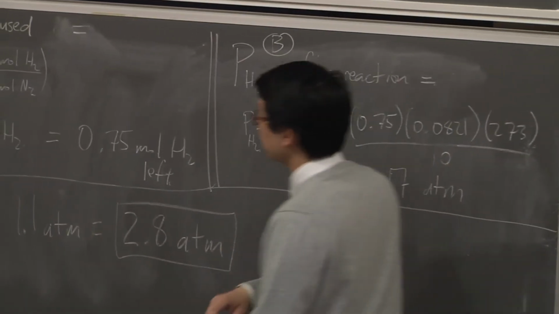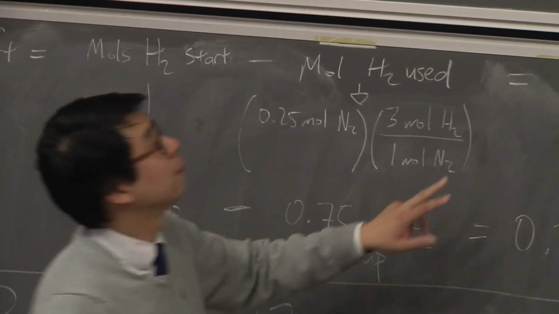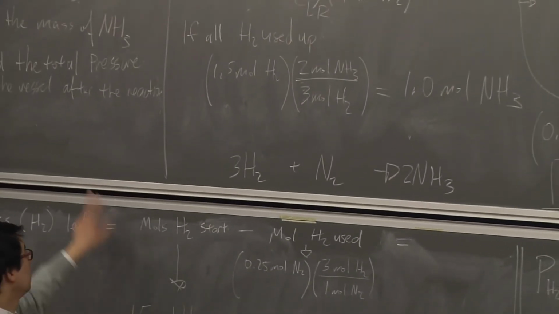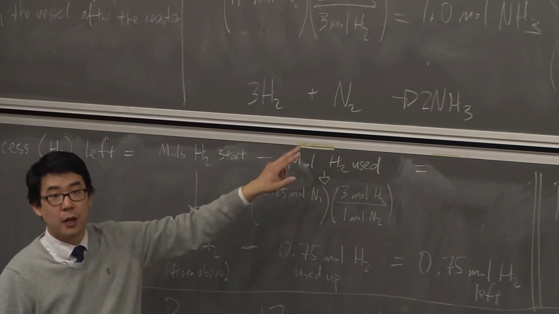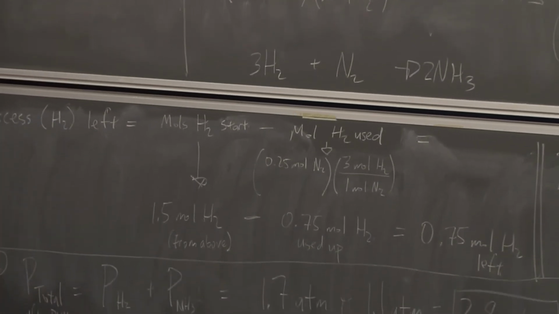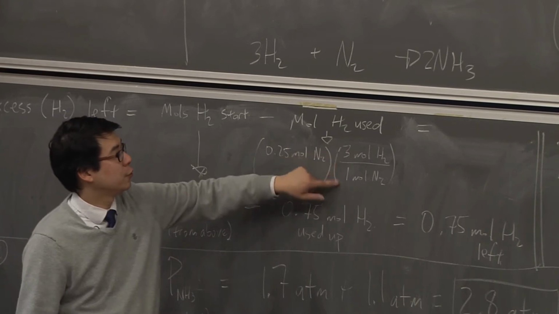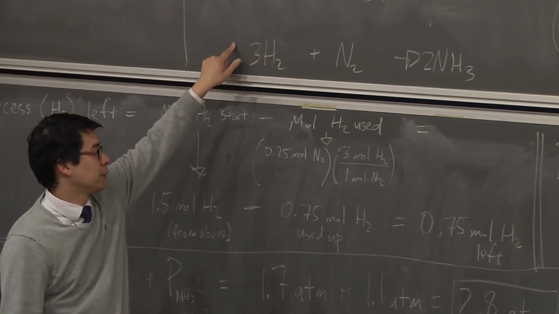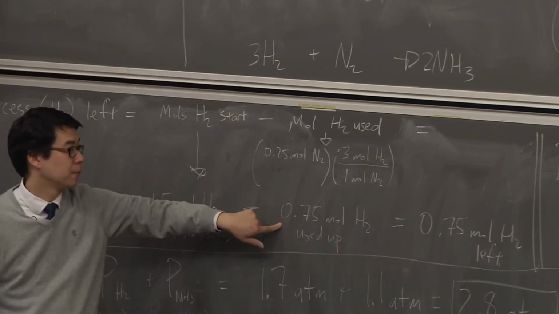How do we get moles of excess? We get it like this. The moles of H2 that you start with, 1.5 moles, that was from before. Minus the H2 used up. How do we know how much H2 was used up? Well, we start from the limiting reactant, 0.25 moles N2, and we use the coefficients. 1 N2 requires 3 H2, and that gives us 0.75 moles of H2 used up.